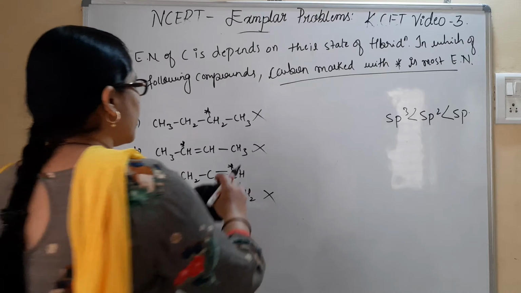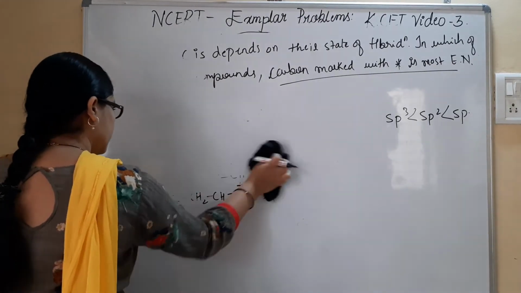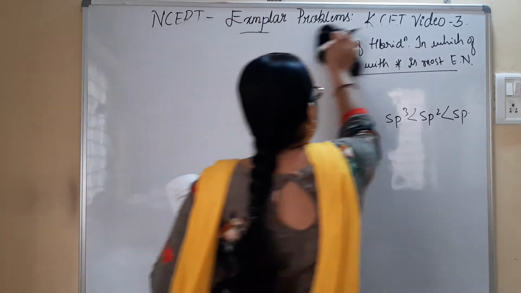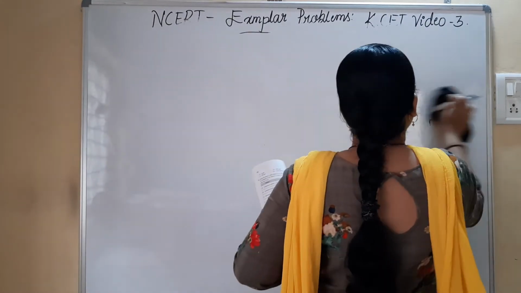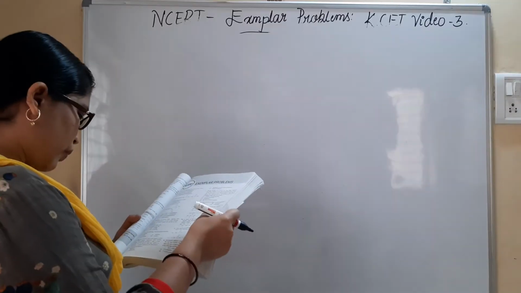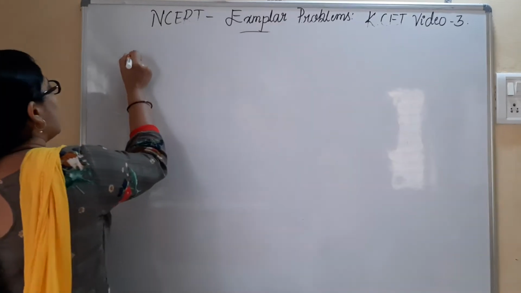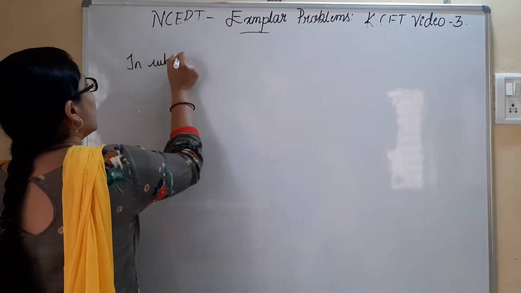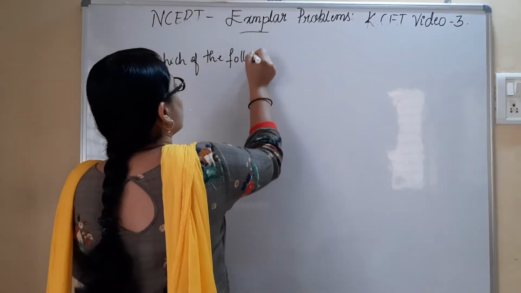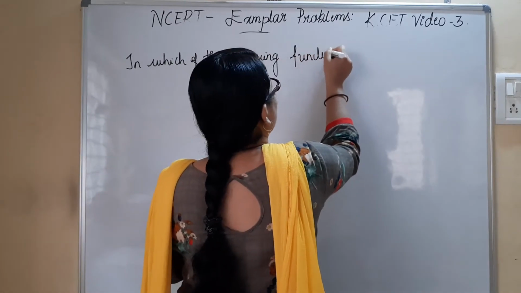Once we complete this one, we'll move to the next question. In which of the following is functional group isomerism not possible?